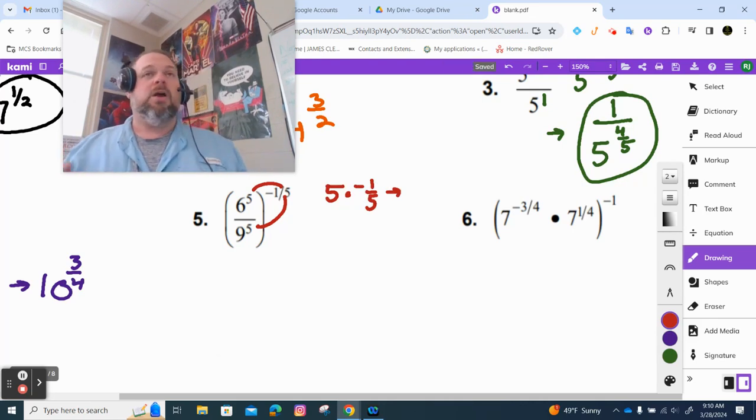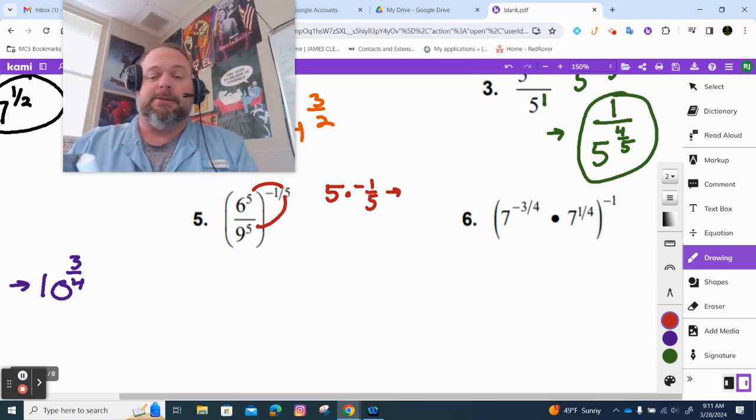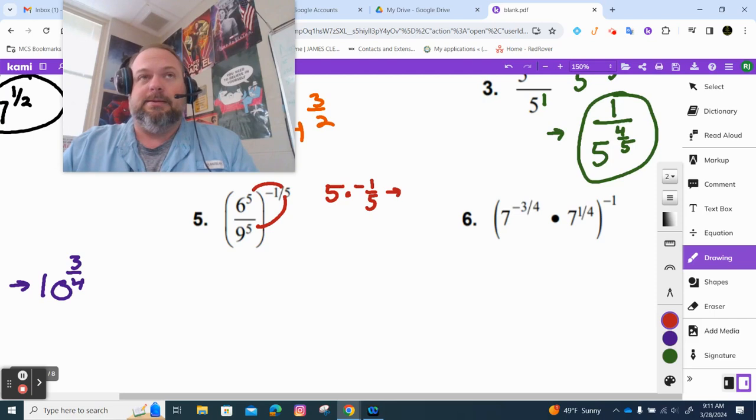Okay, when I try to do something slick, y'all are like, I don't know what you did with the fraction.